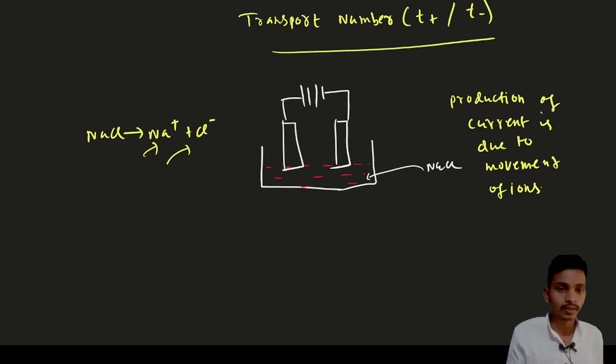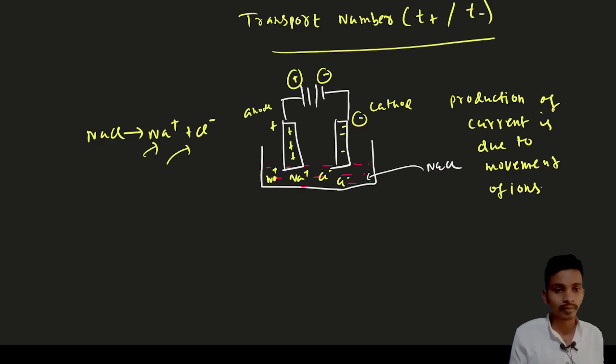So in this electrolyte, Na plus and Cl minus ions are there. Whenever you connect with a battery, with its positive and negative terminals, this is negative, which is the cathode, and this is positive, which is the anode.